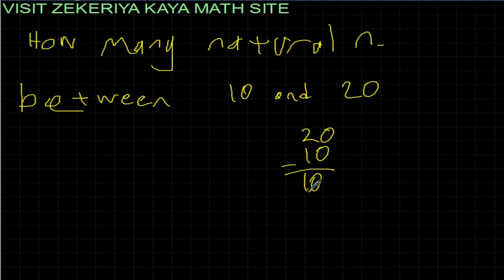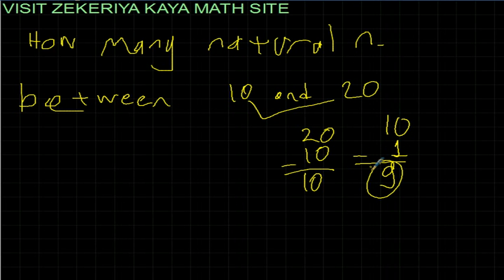You subtract 10 from 20, there remain 10 numbers, 11, 12, 13, and those numbers end with 20. We also need to subtract the number 20 from this result. There is one number more which we need to subtract. So the final result will be 9.